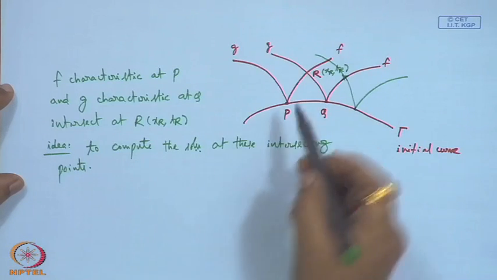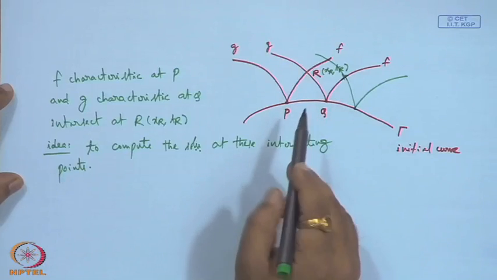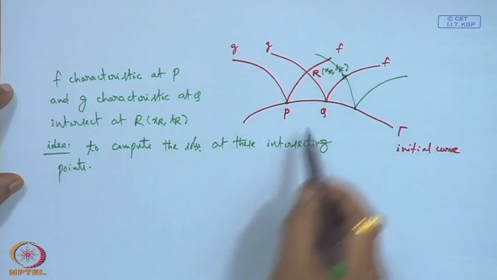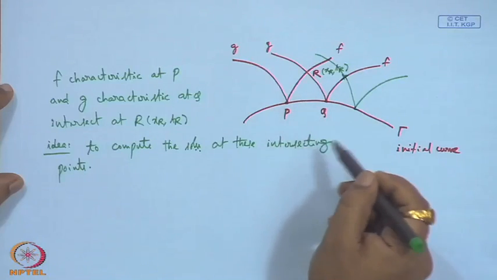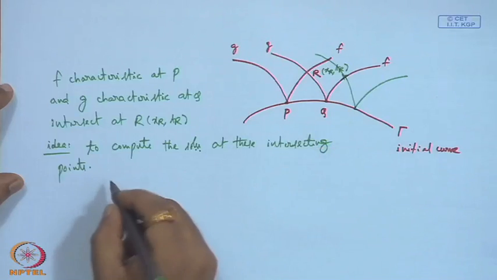Now, you can see these are curves. So, how do we compute? To start with, we treat them as straight lines, and then interpolate. Then we can refine.